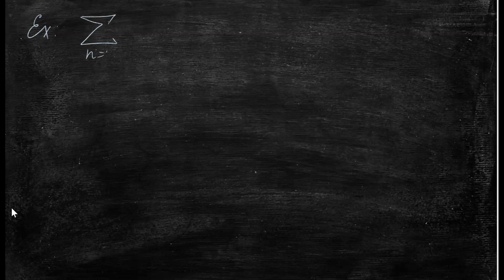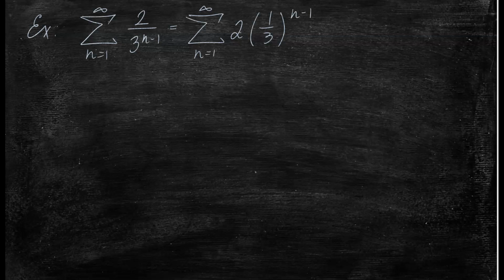Let's investigate the convergence of this series, and the first step is to recognize this as a geometric series, and we can do that by rewriting the series in this form.